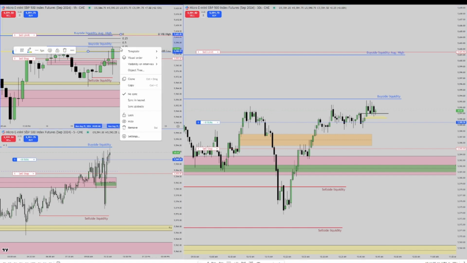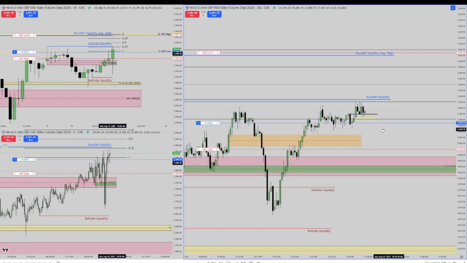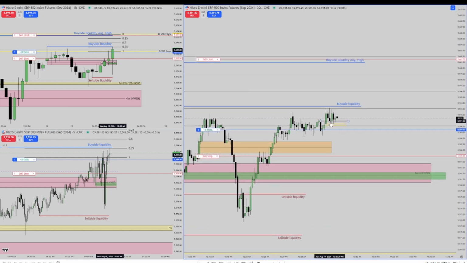I'm watching this. I'm going to put this on this other chart. I'm watching it as it does this. I want to see it really, really expand above here.